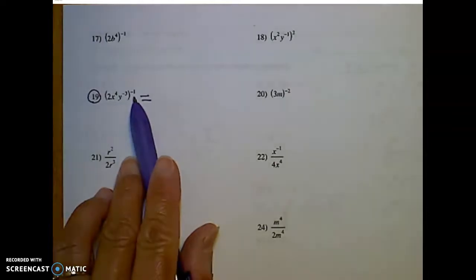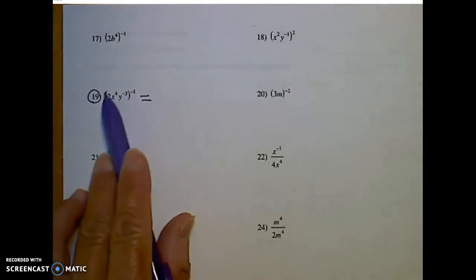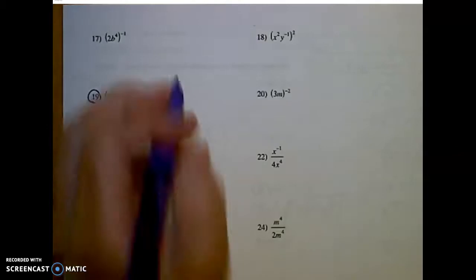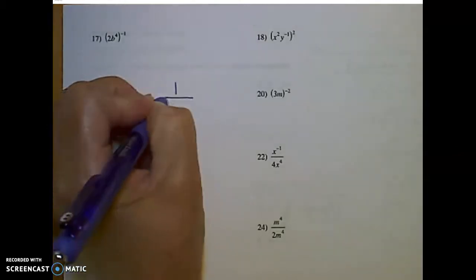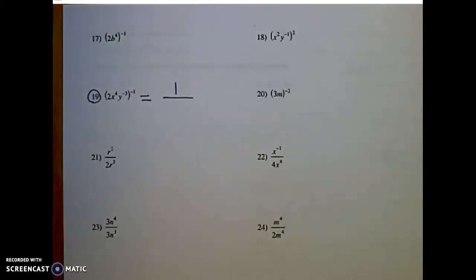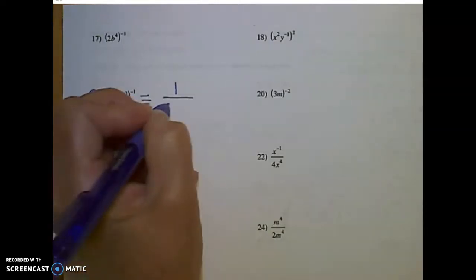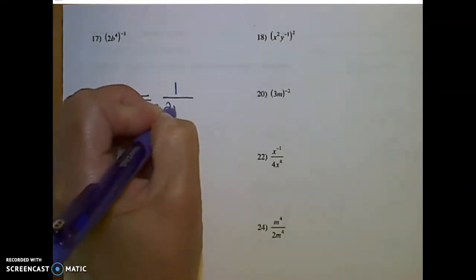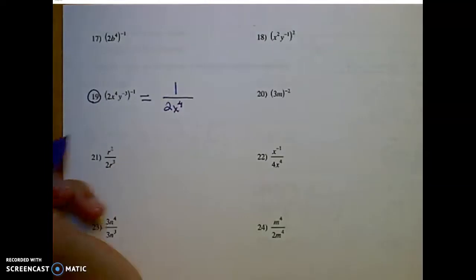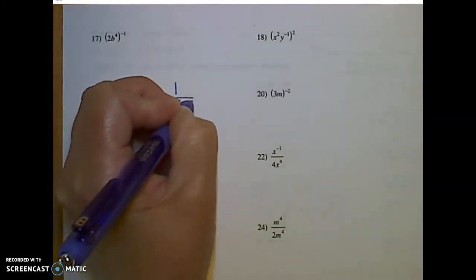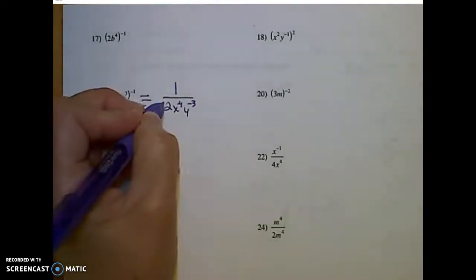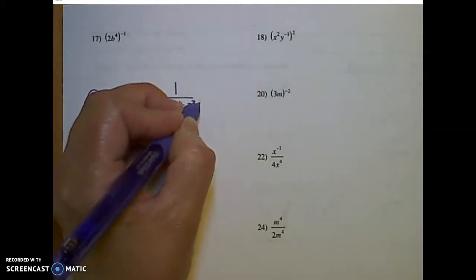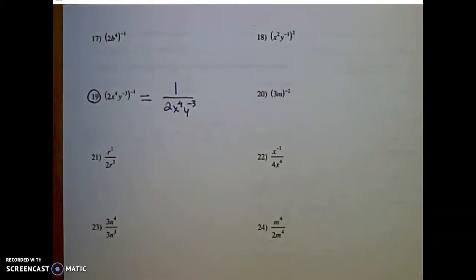Again, if I see that negative 1 power, I'm going to move that whole thing down, and that becomes positive. 1 over, what is that? 2x to the fourth, y to the negative 3, all raised to the first power, which isn't going to do anything, so I can get rid of that now.